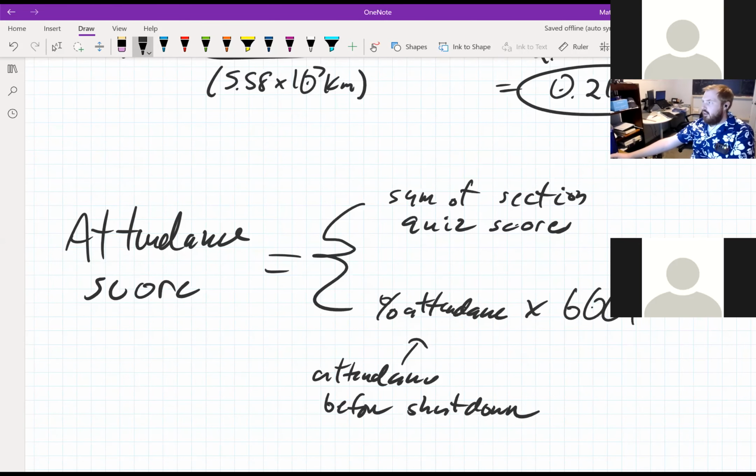Double check that I got that value right.